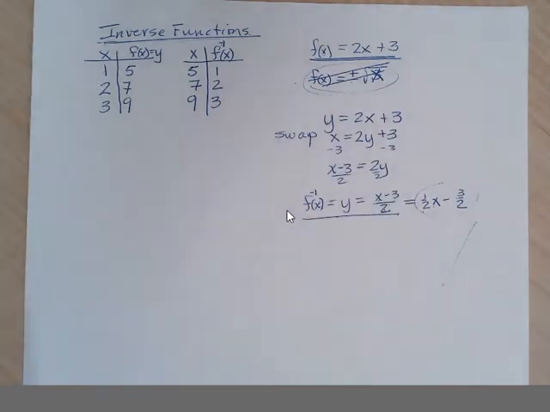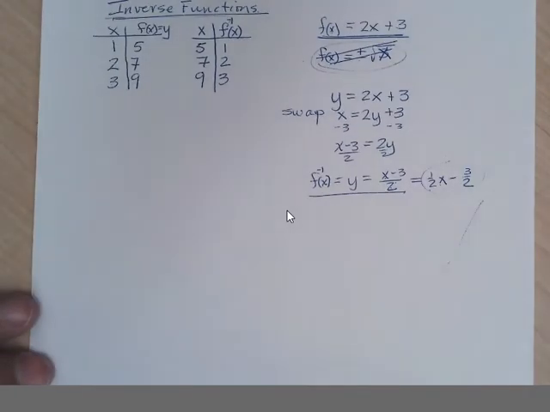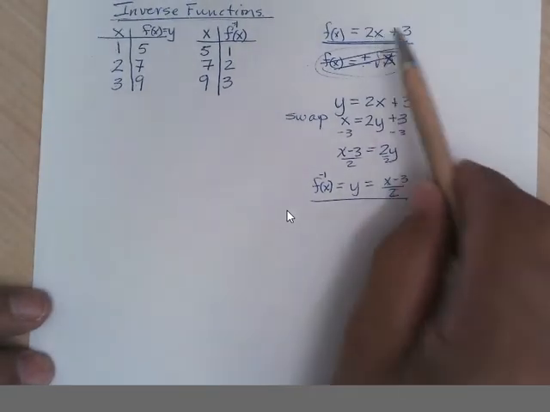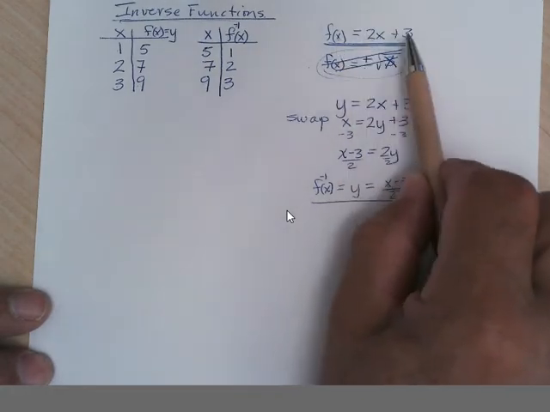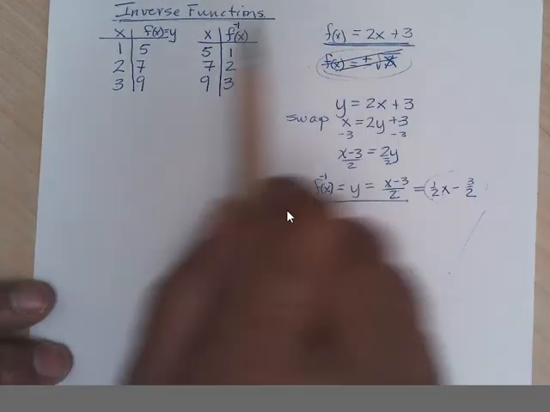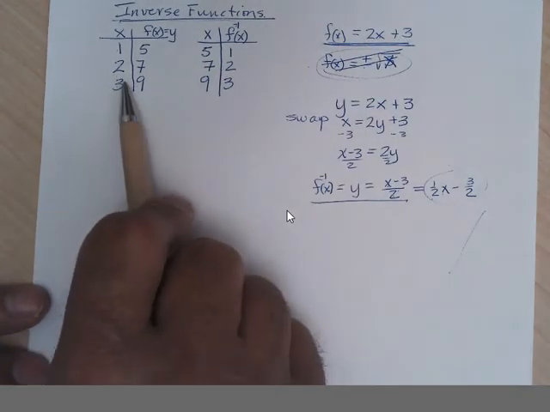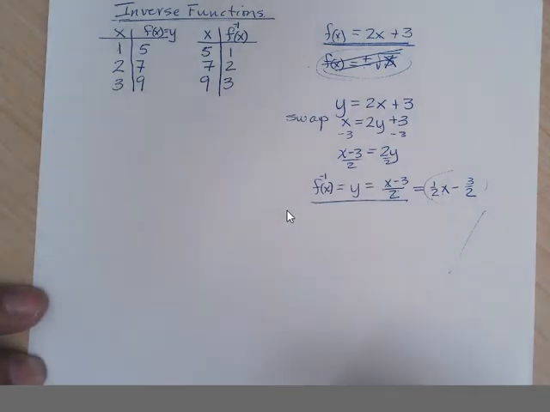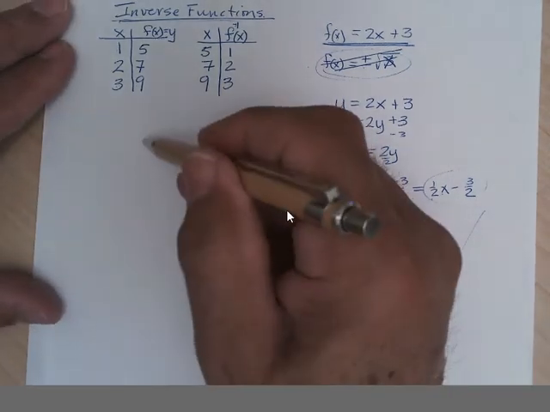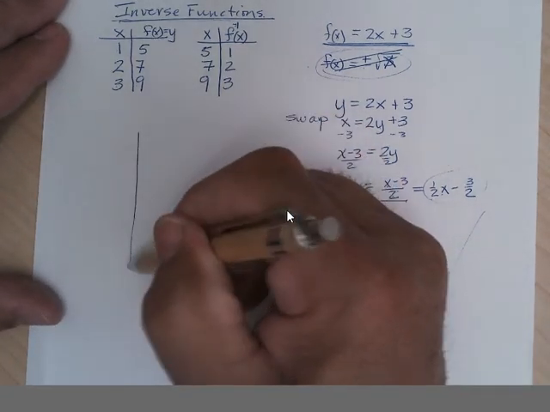This is. Okay? Now, I could give a function as an equation. I could give you a function that's a table. And I could give you a function that's a graph. Let's do a graph one now.